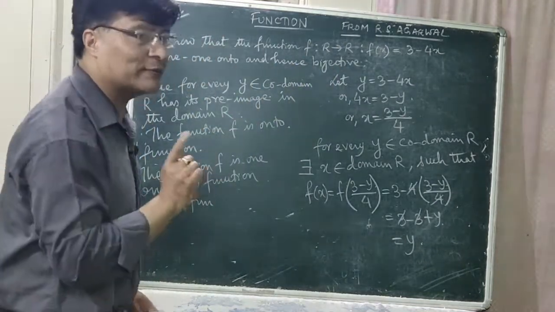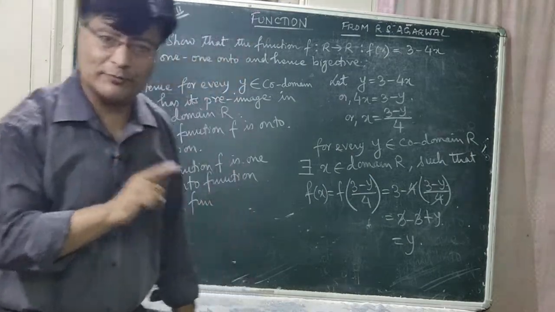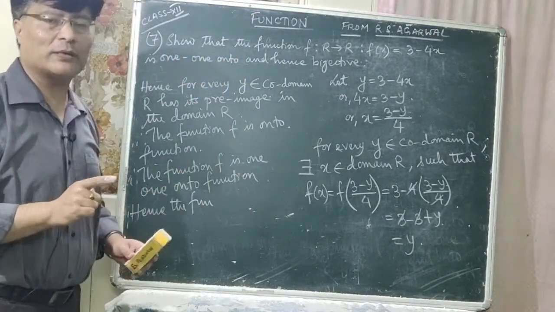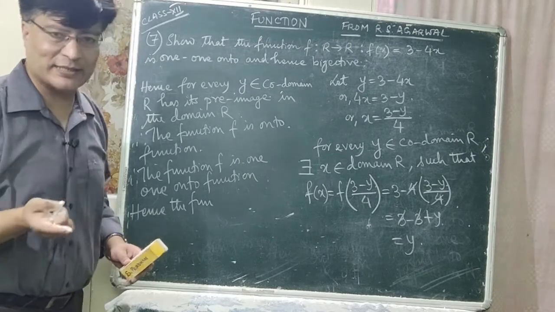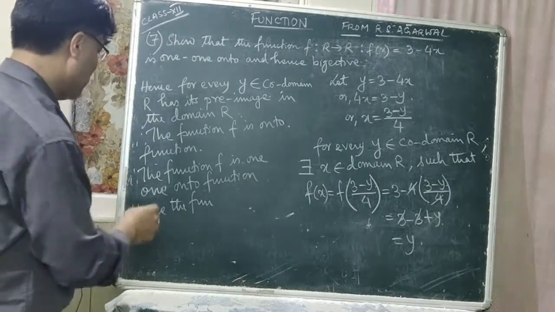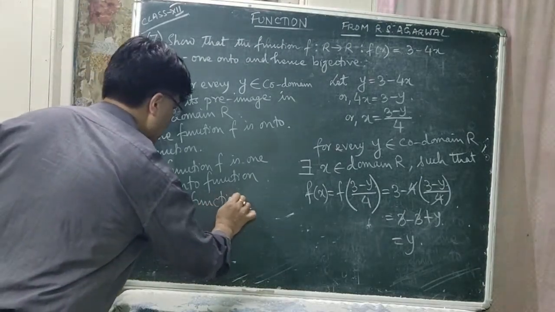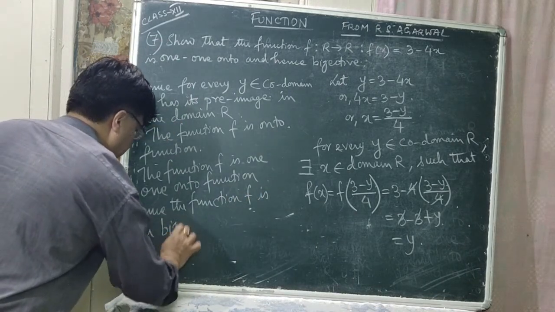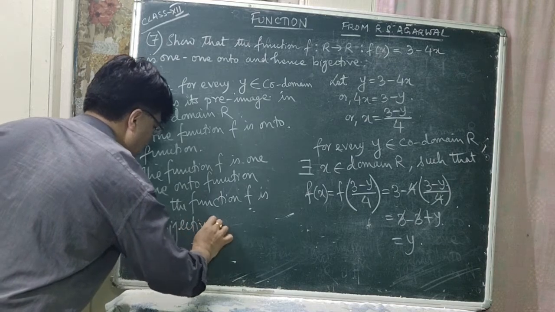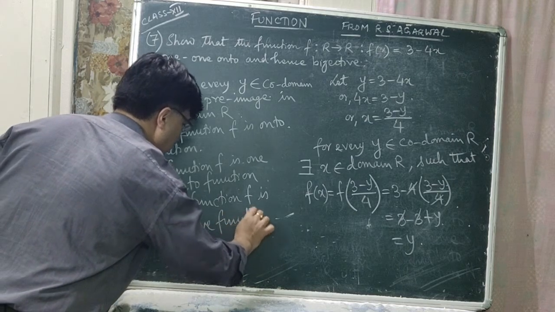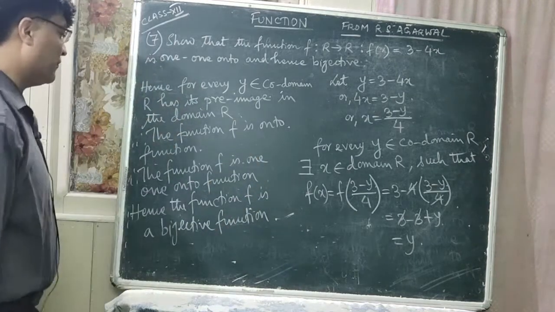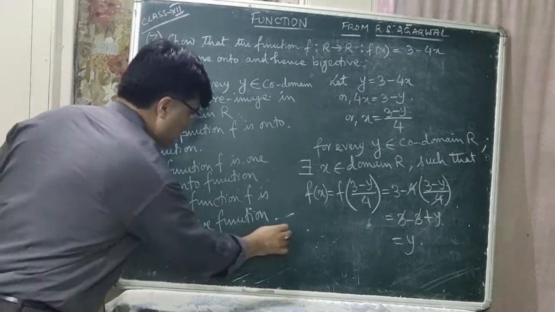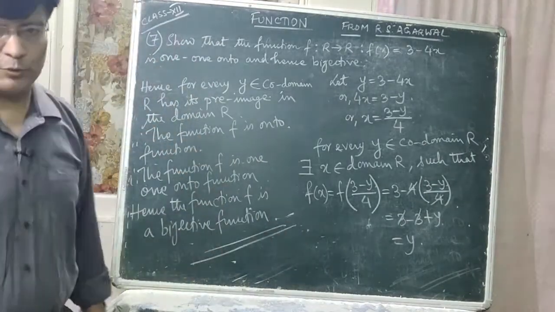So if you have proved that the function is one-one onto function, then it is automatically a bijective function. Hence the function f is a bijective function. So we have proved it.